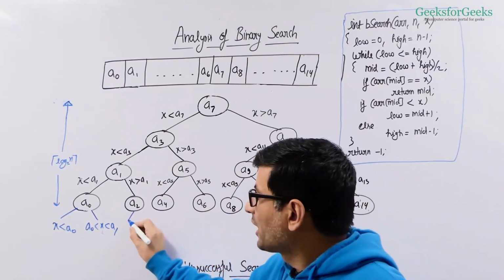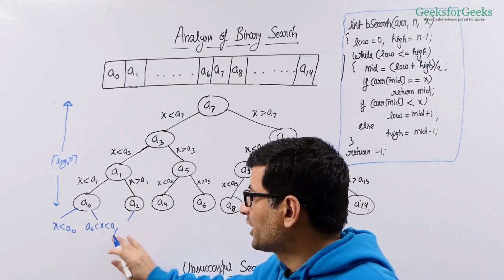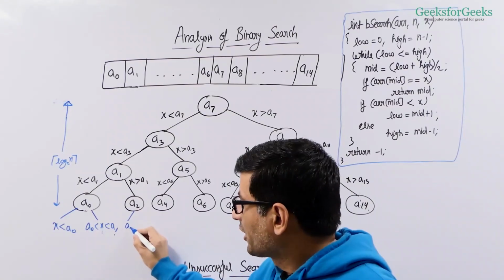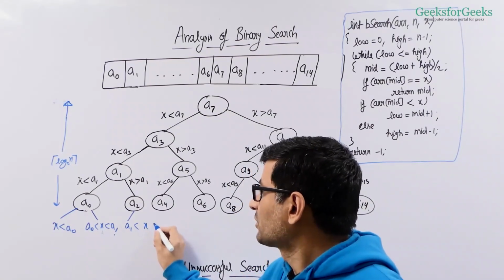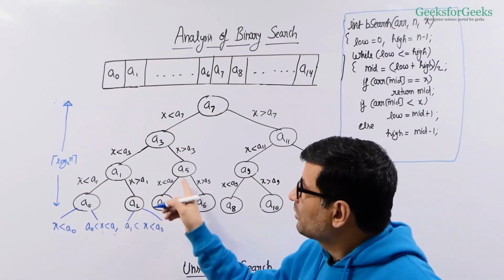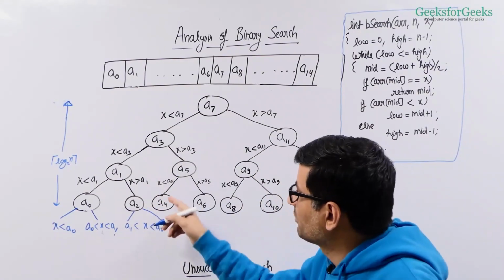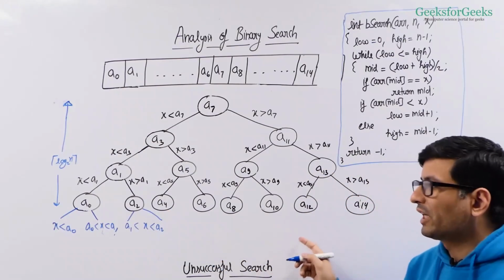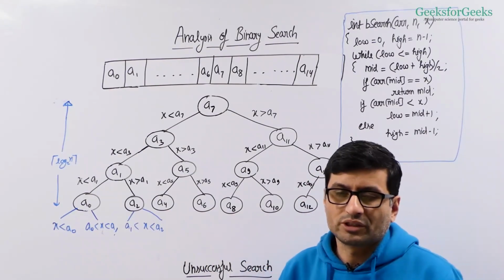Similarly, here we'll have all our unsuccessful searches ending, which are greater than A1 and smaller than A2. And on the right side of it, greater than A2 and smaller than A3. Similarly, all the leaves here will have those corresponding unsuccessful searches.